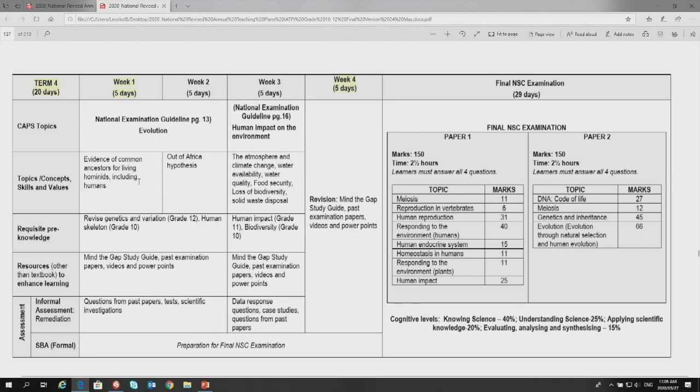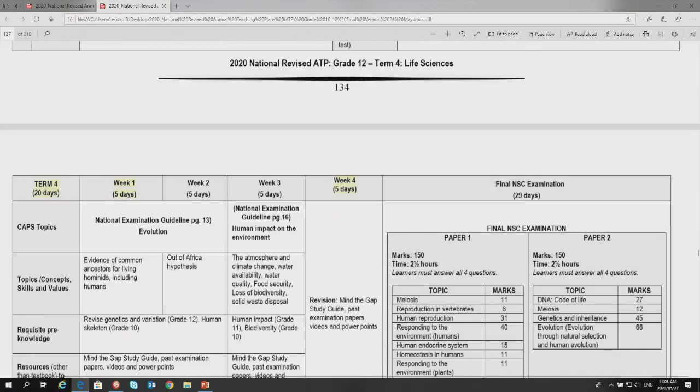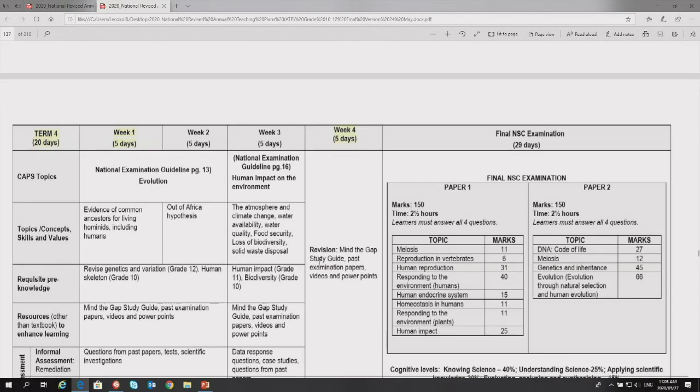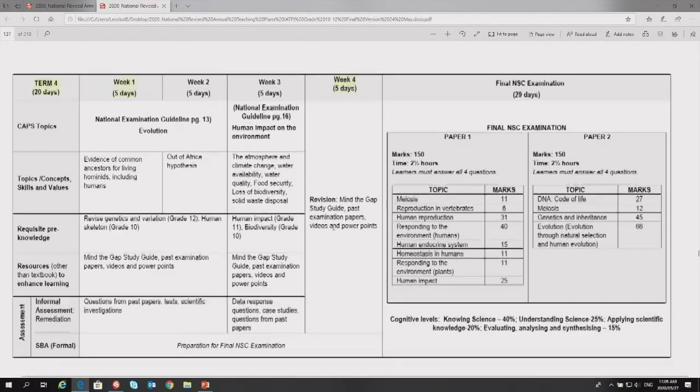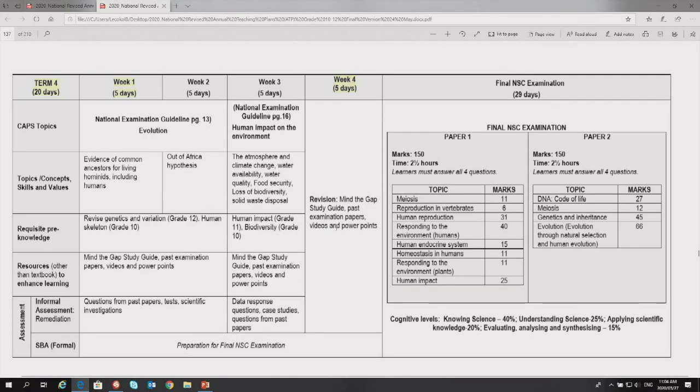And if there's maybe aspects picked up during the trial exam, it can still be rectified in this 4 weeks until the final exam comes at the end of term 4. So I hope this will explain the new ATP, or the revised annual teaching plan as we have it.